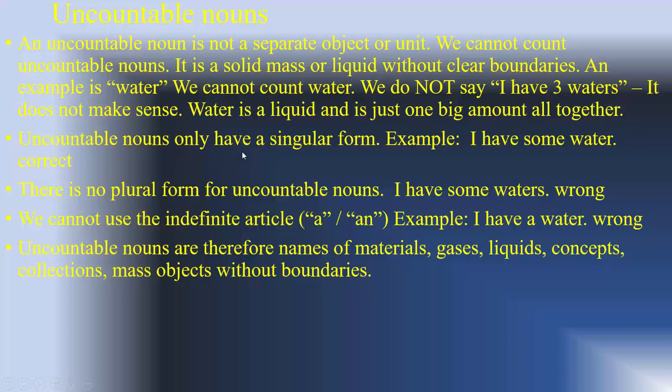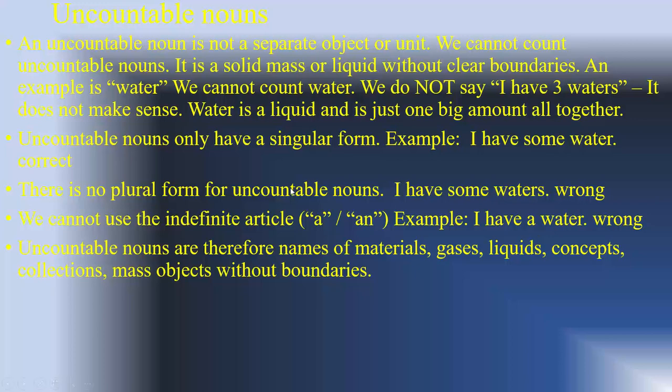Uncountable nouns only have a singular form. Example: I have some water. There is no plural form for uncountable nouns. I have some waters. Wrong. Some water. We cannot use the indefinite articles a and an with uncountable nouns. I have a water.